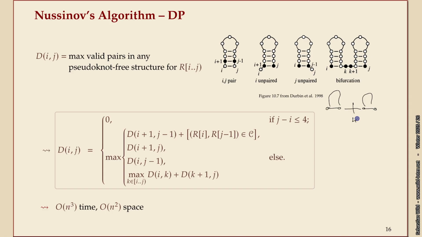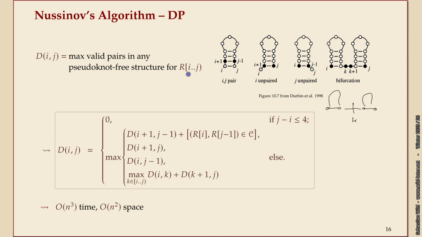So in the dynamic programming recurrence, the number of pairs I can form is nothing, 0, if I'm too close, if I'm on a tiny piece of the RNA. And otherwise, it's the best among those 4 options. For the first one, I have to check if I can form the pair between i and j. And note, I stole the pictures from one of the books I mentioned on the website where they have i and j inclusive.